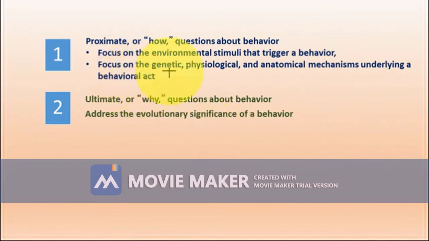Then they also focus on the genetic, physiological, anatomical mechanisms underlying a behavioral act. If it is to run away, then you can find anatomical, physiological mechanisms. And if it is recognition of a song, or of a particular dance, you will find some genetic basis.